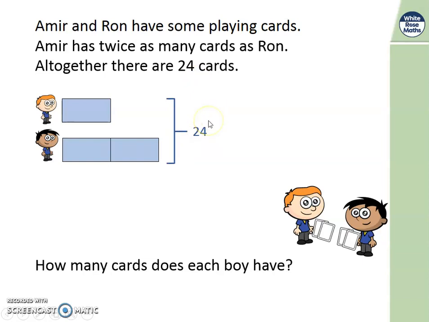Can you see what calculation we need to do? That's right, we're sharing all of that 24 between 1, 2, 3 pieces. So we do 24 shared between 3 is 8. That 8 must be written on each piece. So we can see that Ron has 8 cards.